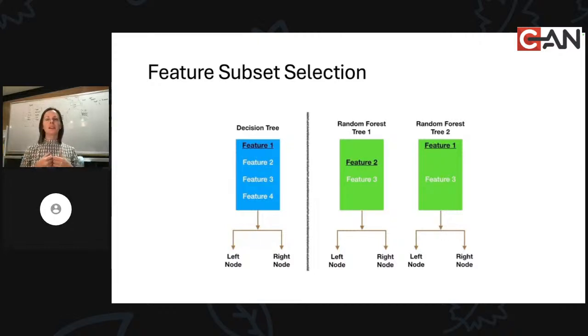And that makes these models very resilient to features that carry a lot of heavy bias or heavy weight in a prediction, and it allows us to understand, net of that feature, what other features are bringing value to the model.